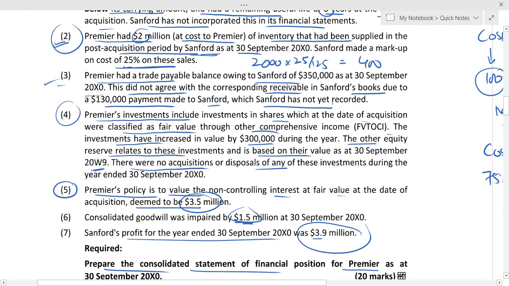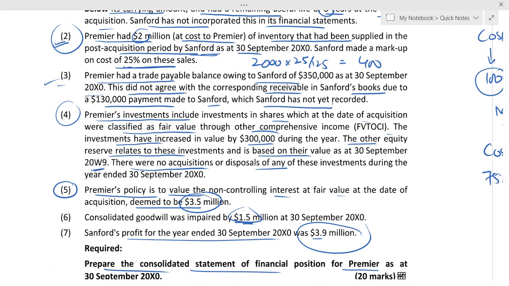Basically, parent has paid 130, but logically that 130 is cash in transit, which subsidiary has not recorded yet. So basically, parent is having a payable of 350 to subsidiary. It is not matching due to 130. Parent has made the payment, but subsidiary has not recorded because they have not received.